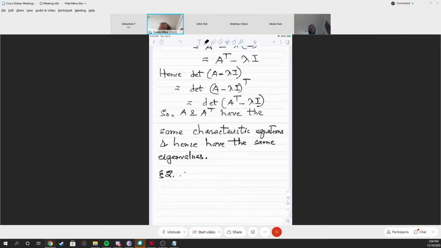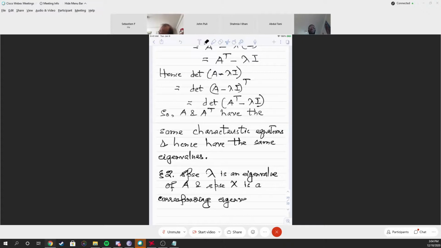Suppose lambda is an eigenvalue of A, and suppose X is a corresponding eigenvector.